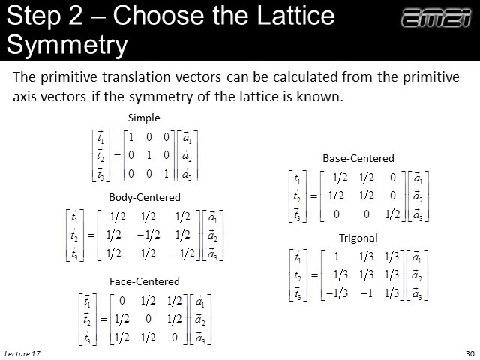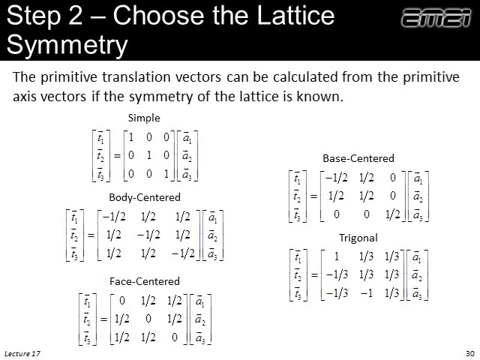And we presented these equations before, but now given the symmetry and those axis vectors, we can calculate our translation vectors. So for example, if we wanted face-centered cubic, we already have our axis vectors for cubic symmetry. Then the first primitive translation vector would just be 1/2 of the second axis vector plus 1/2 of the third axis vector, and so on.